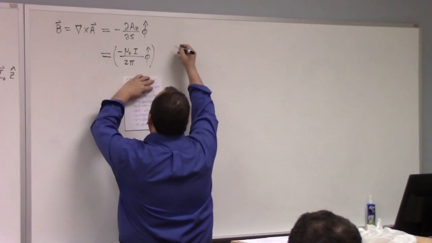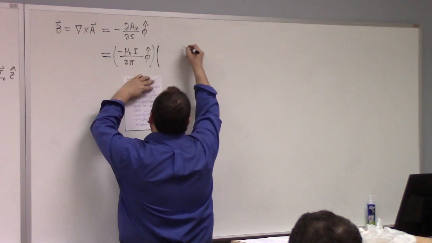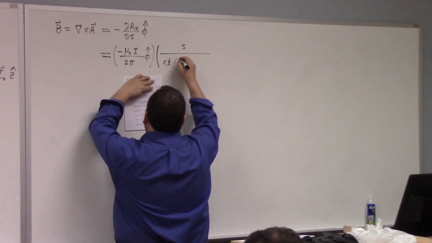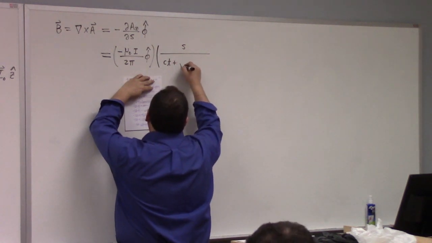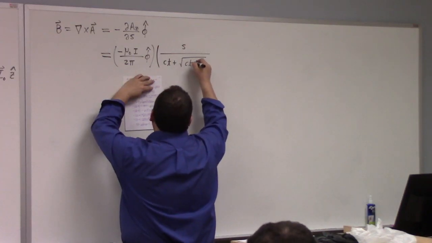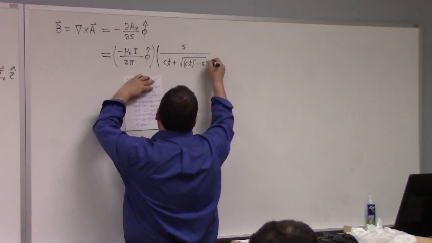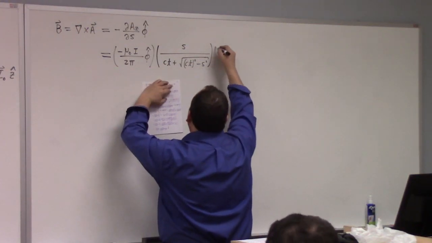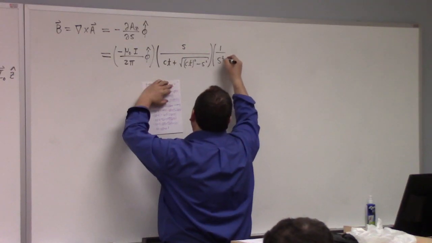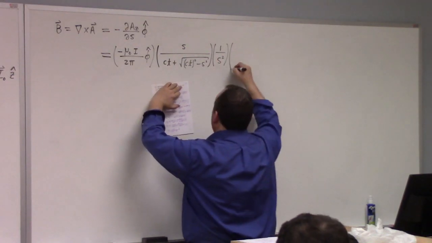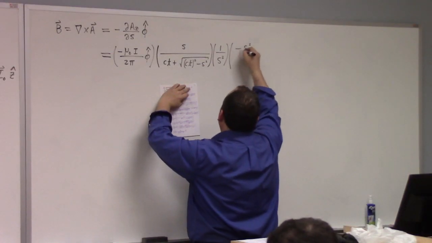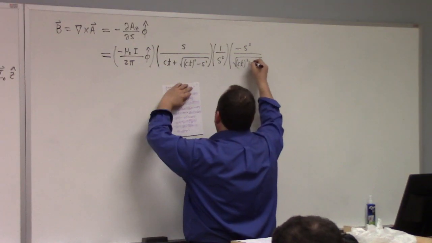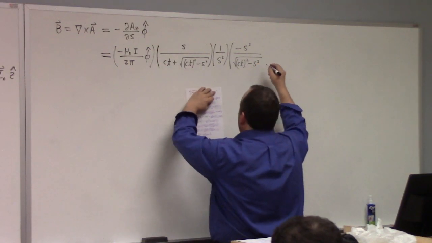So the way I looked at it the first time was I had S divided by ct plus the square root of ct squared minus s squared, times 1 over S squared, times minus s squared over the square root of ct squared minus s squared.